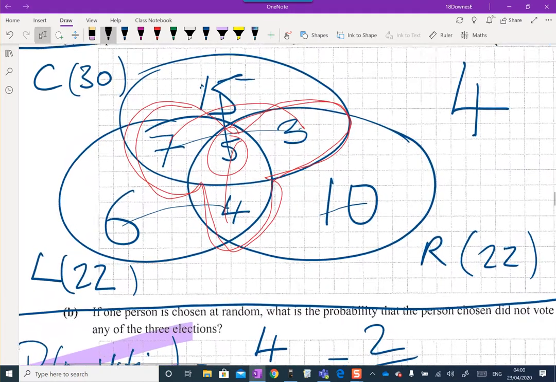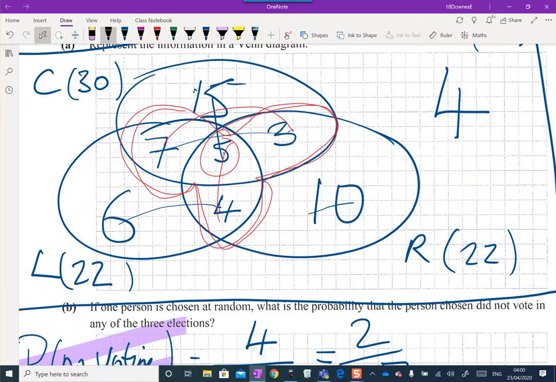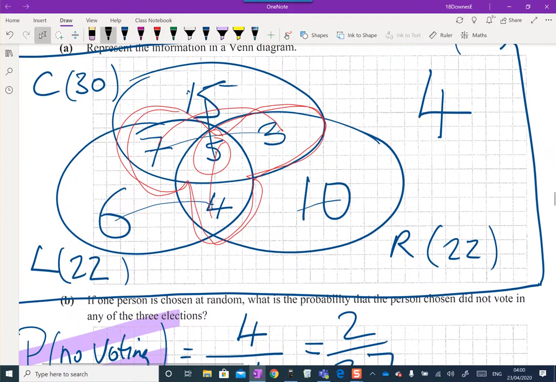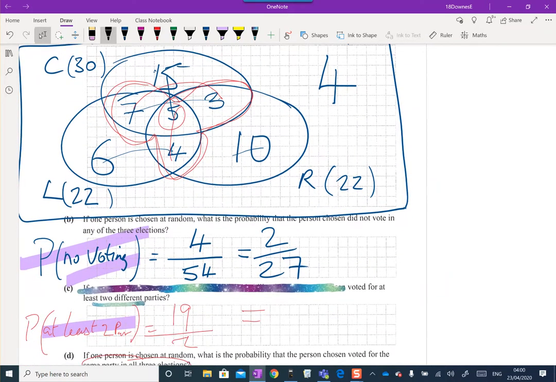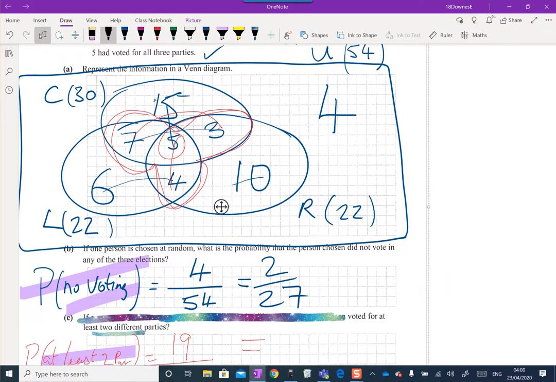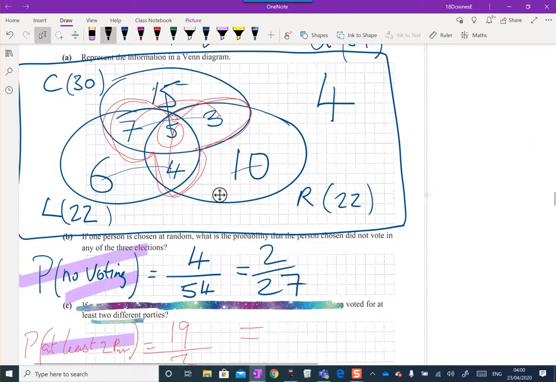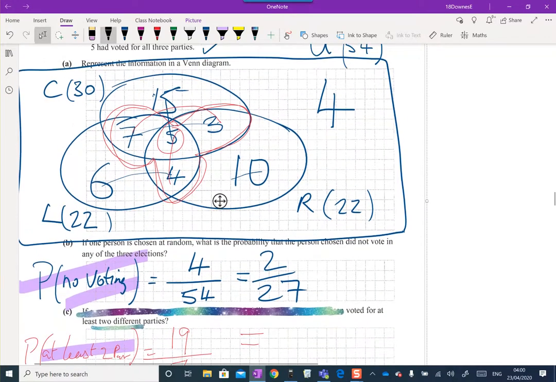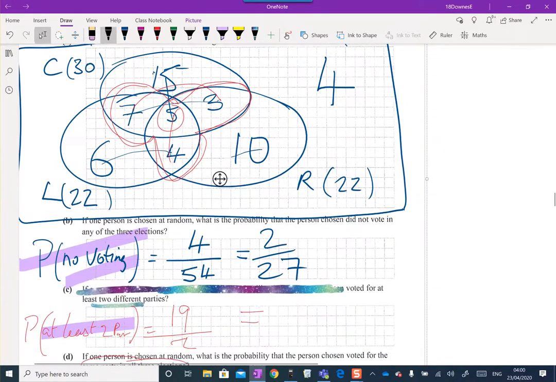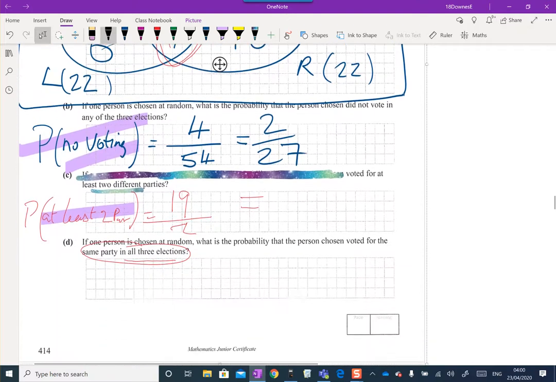Oh, I get it. I think I get it now. So this is an or question. They either voted for Conservatives 3 times. So what you do is you work out what's the probability of voting for Conservative once. And the answer is 15 over 54.